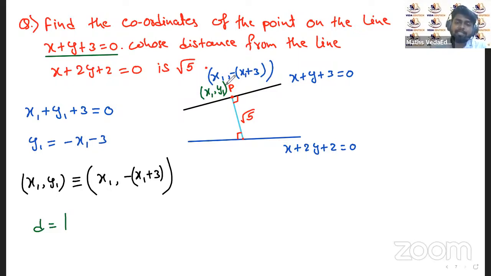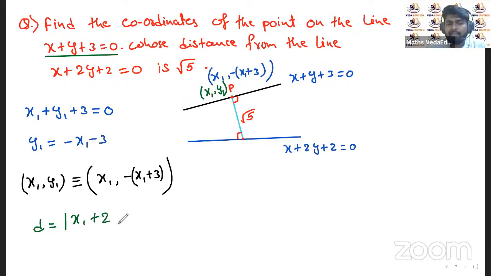So the distance formula is nothing but modulus of ax1 plus by1 plus c, whole divided by square root of a square plus b square. So we need to put these two values in the given equation. Instead of x, x1 is there, plus instead of y, minus of x1 plus 3.